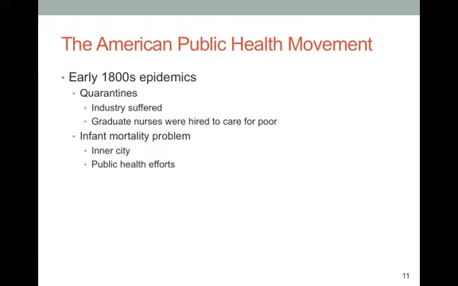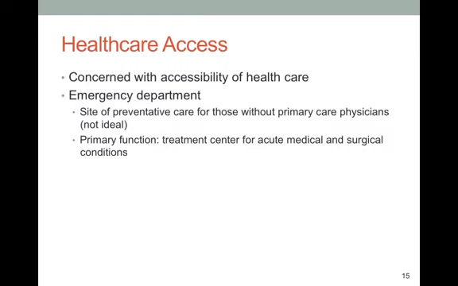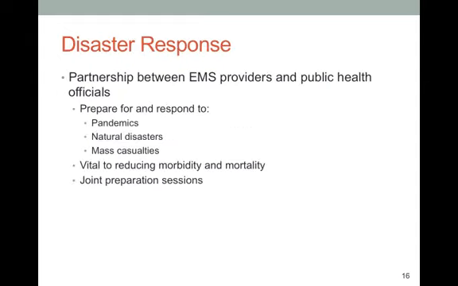It operates in its primary function as a treatment center for acute medical and surgical conditions. The role of the EMS provider is to assist in the transport of these patients to the emergency department in times of medical need, and this is a crucial link. Without this, healthcare to the masses may fall completely apart. We are essential in this.